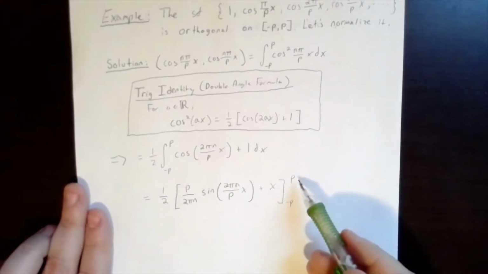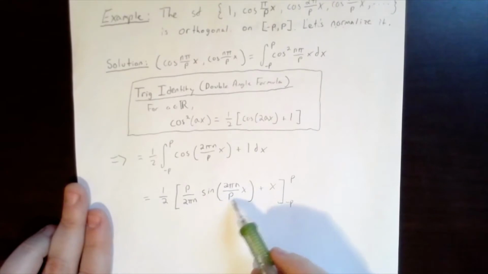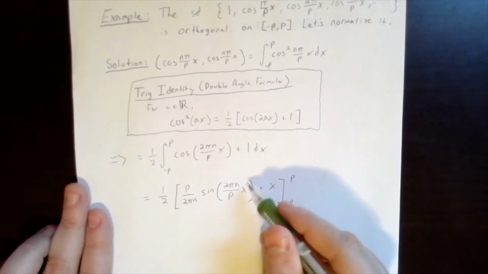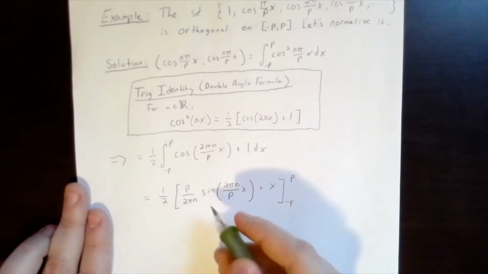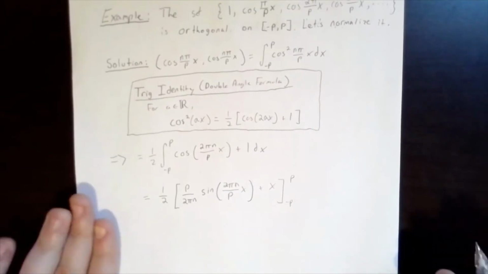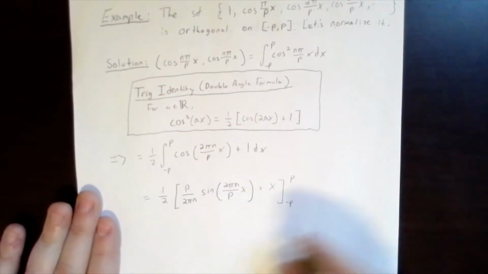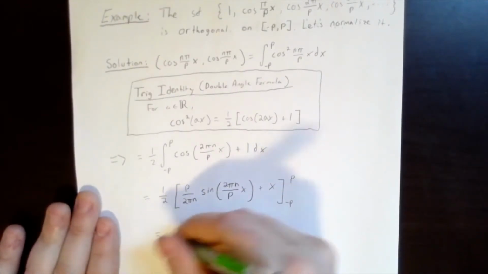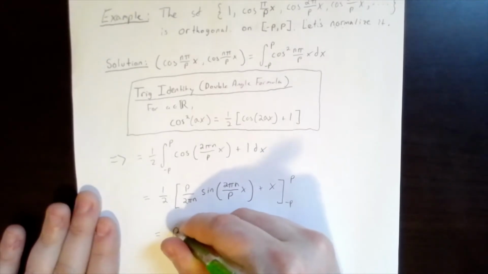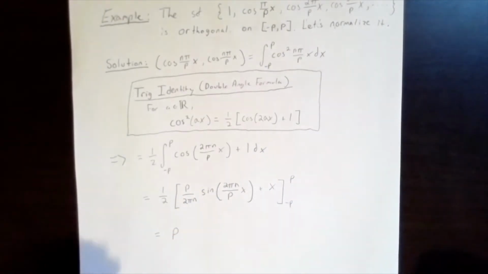Similarly to last time, plugging p or negative p into this sine function, the p's cancel out and the sine goes to 0. We have this extra x term, so evaluating this gives us p.